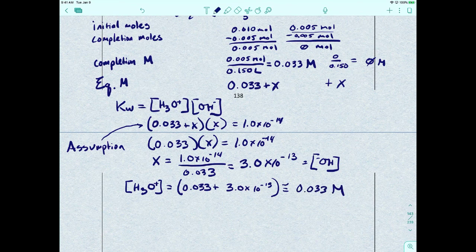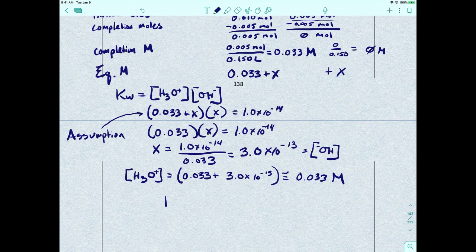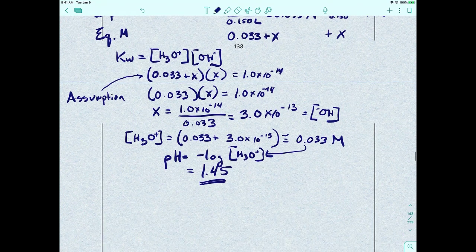That's really nice. Using that value, the pH of the solution, which is the negative log of the concentration of hydronium ion, 0.033, comes out to 1.45. Keep in mind, we started with 1.0. Now we've gotten to 1.45, so the pH has gone up just a little bit, almost half a unit.